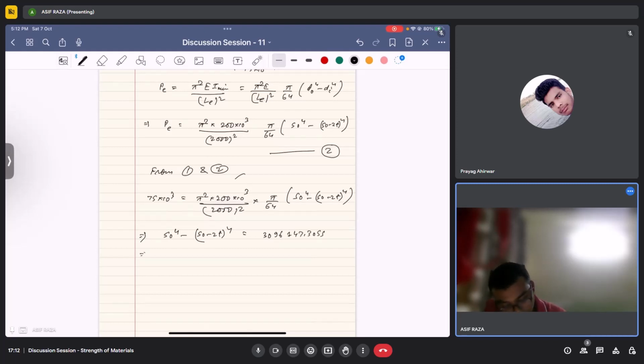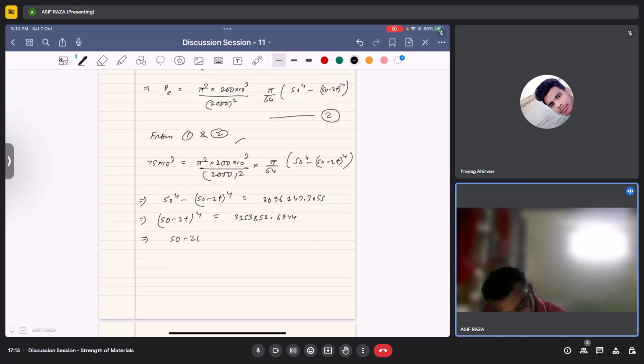Again, this can be simplified as 50 minus 2t to the power 4 equal to 3153852.6944.